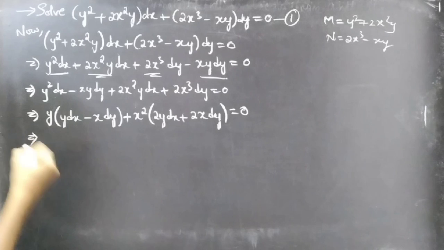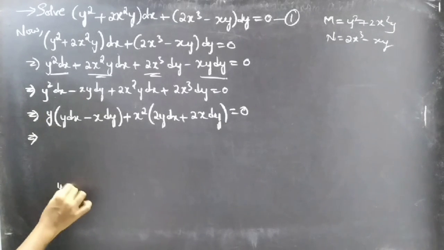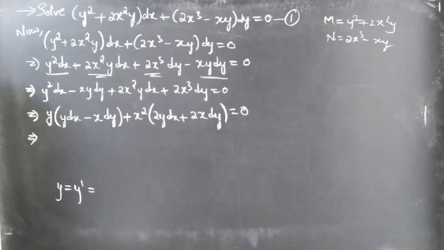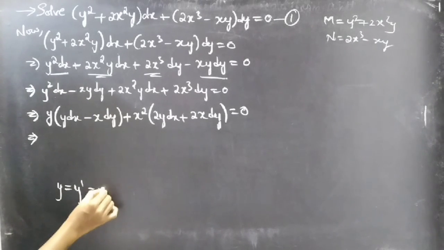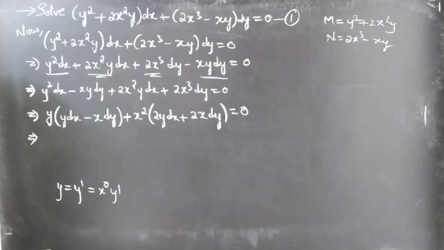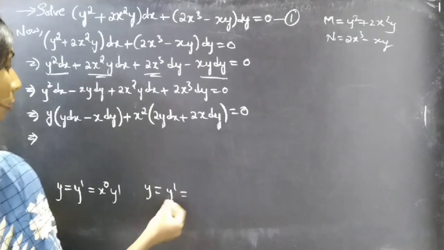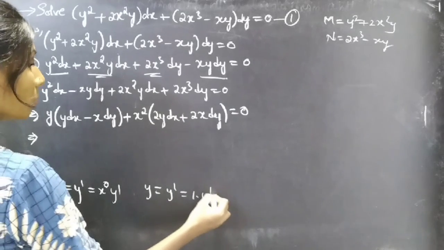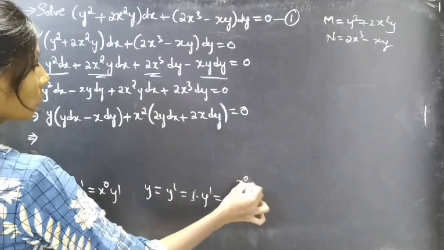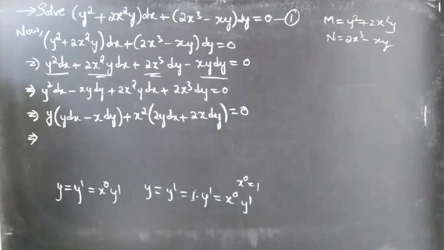Or we can write this equation as, here you have y, and we can write y as y power 1, and here we don't have any x terms, so we can write x power 0 into y power 1, since x power 0 equals 1.